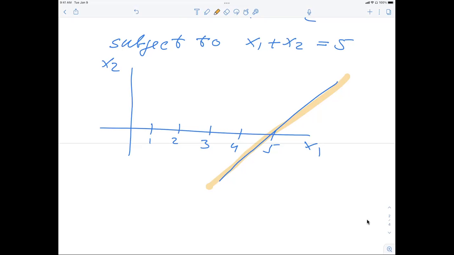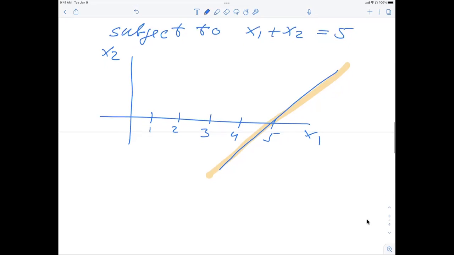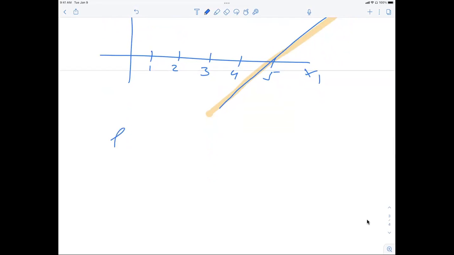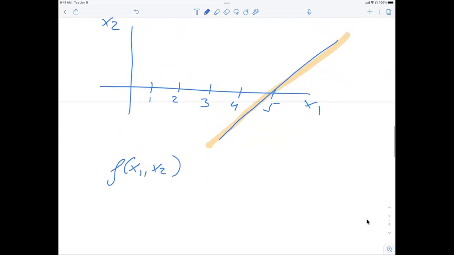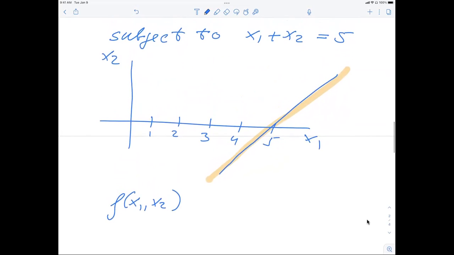This is pretty straightforward, because without thinking of variational calculus, we would simply replace x2. That means x2 must be equal to, sorry, not x1 minus 5, but 5 minus x1.